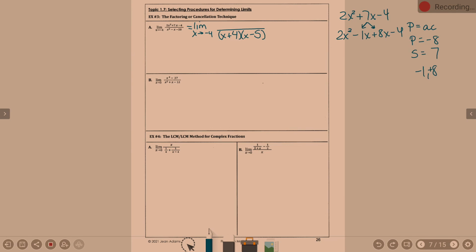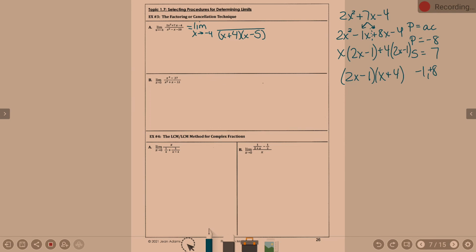GCF of the first half, 2x squared minus x: there's going to be an x in common, leaving us with 2x minus 1. GCF of 8x minus 4 is a 4. Factoring out the 4 leaves us with 2x minus 1. So one of my factors is 2x minus 1. The other factor is x plus 4.